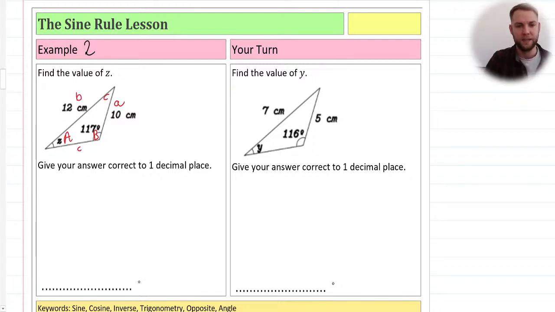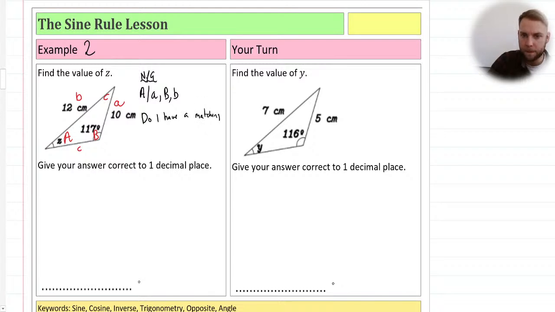Brilliant. So I've labelled my triangle. Next thing I need to do is my need/got list. So obviously I need, in this case, capital A. And I've got lowercase a, uppercase B, and lowercase b. So the question, I'm always going to write this down just so we can remember it: do I have a matching pair in my got list?